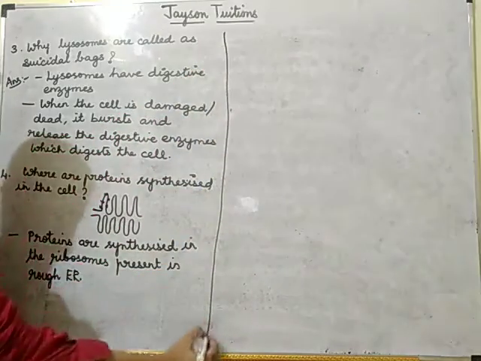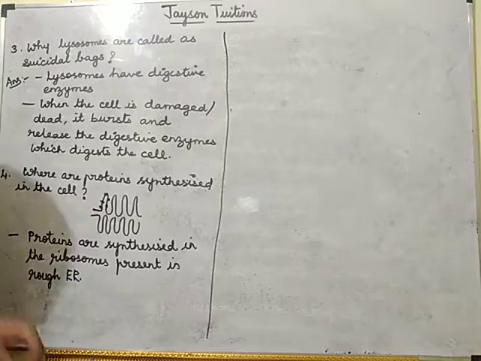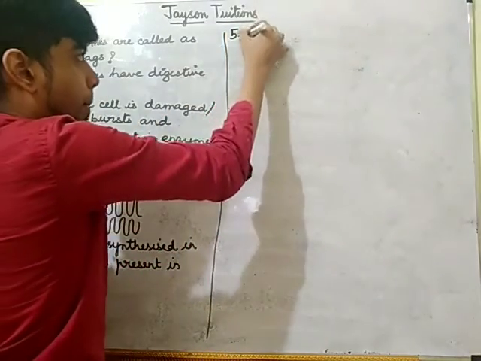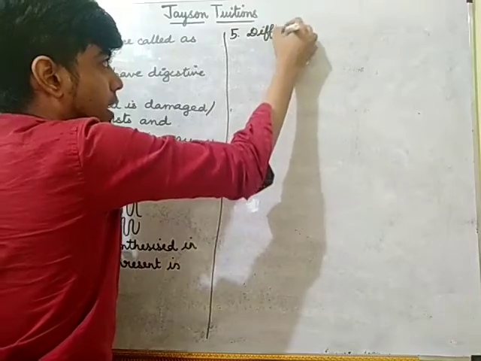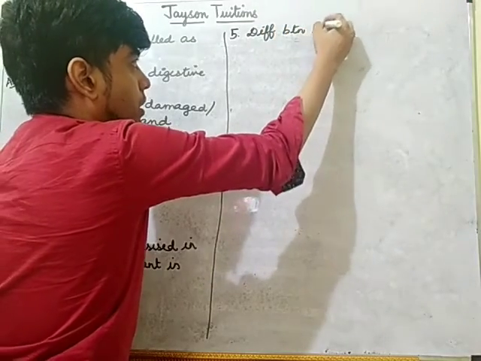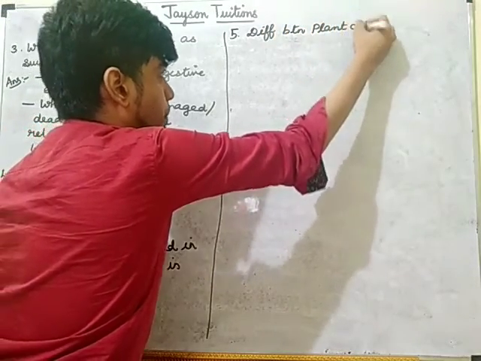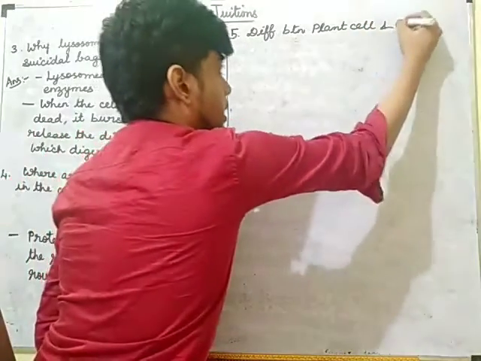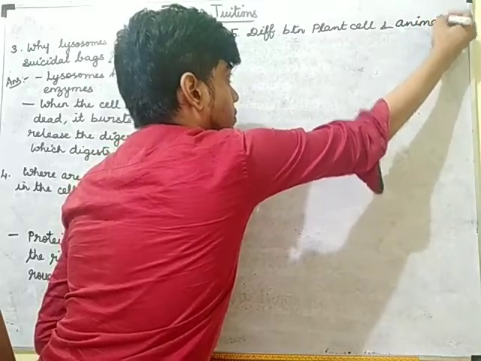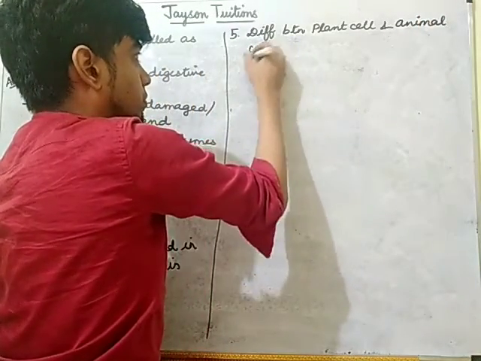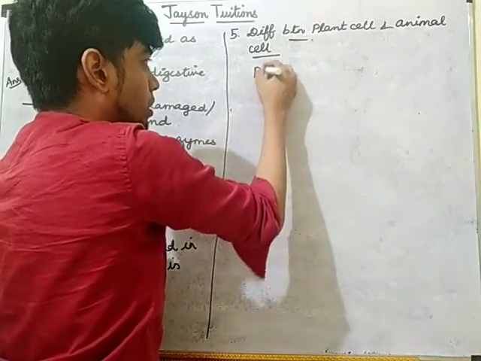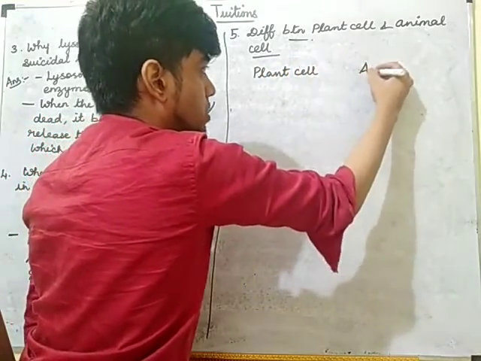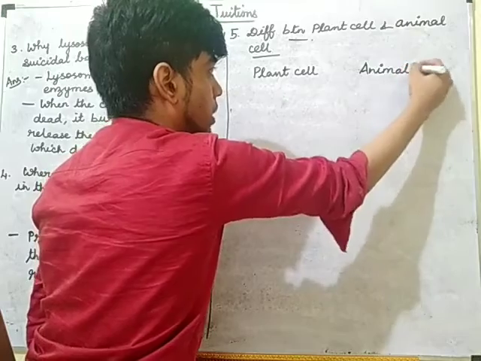The next question is very important. They may ask you the difference between plant cell and animal cell. Whenever they ask for differences, you must draw a tabular column.